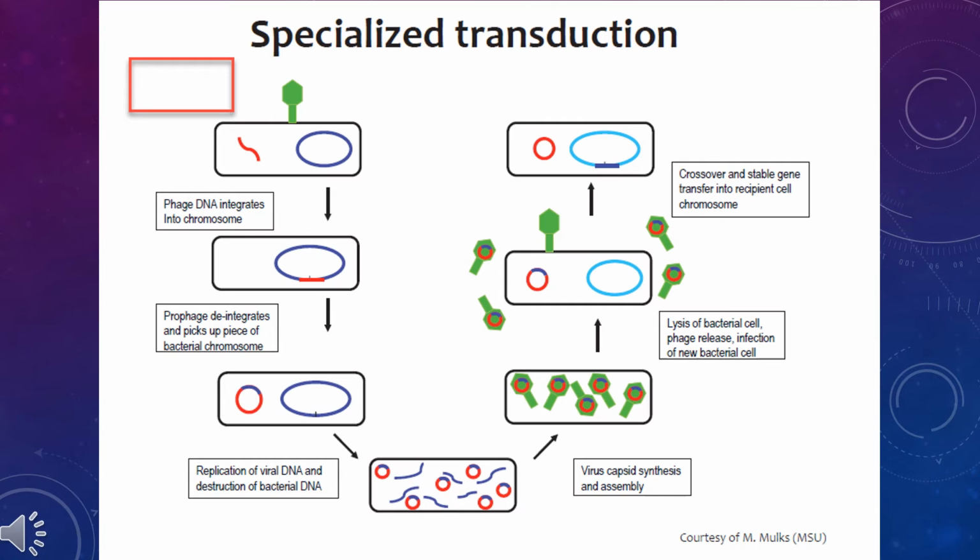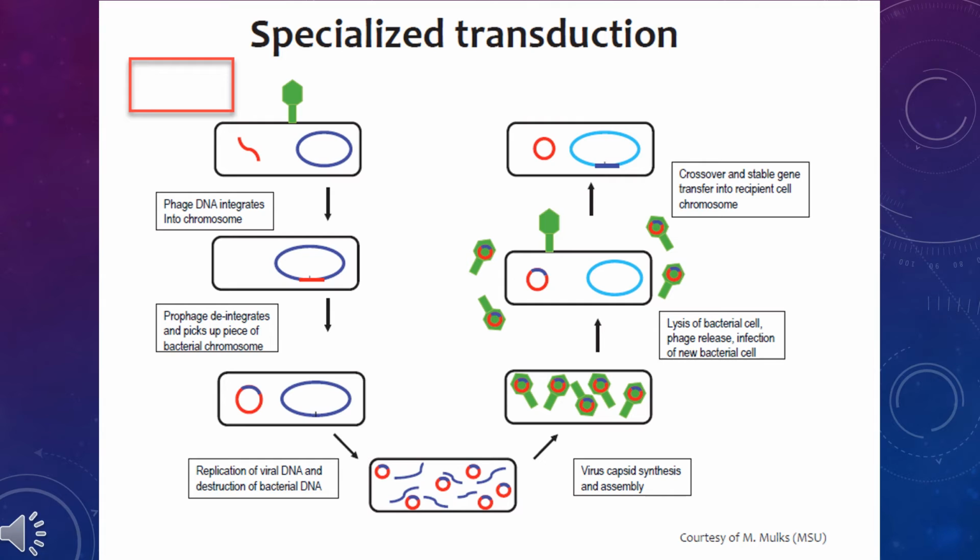Because of this very rare accident or error, these phages are defective. They are considered defective because they do not carry the entire phage genome, but still they can infect other cells, and that is by their attachment and injecting their nucleic acid into the bacterial cell.